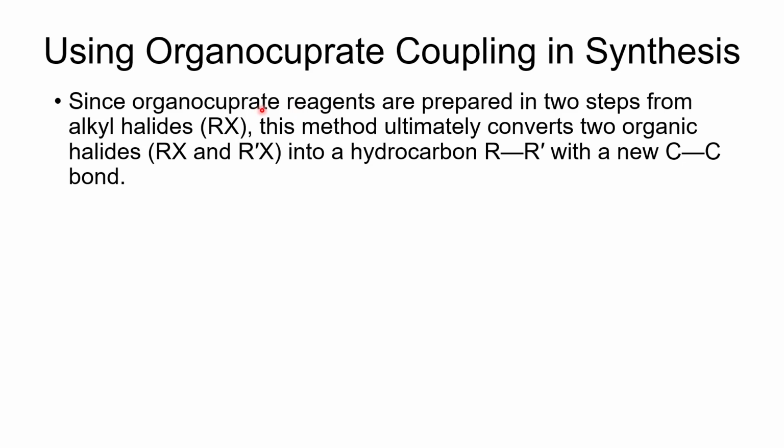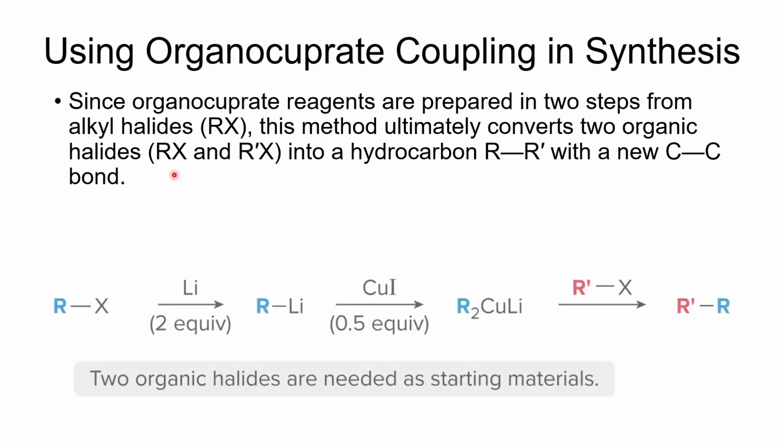So we prepare organocuprates in 2 steps from alkyl halides. We can take an alkyl halide, treat it with 2 equivalents of lithium. One equivalent becomes the organolithium reagent, and the other equivalent becomes the lithium halide. So that gets lost. Then we treat that with copper iodide.